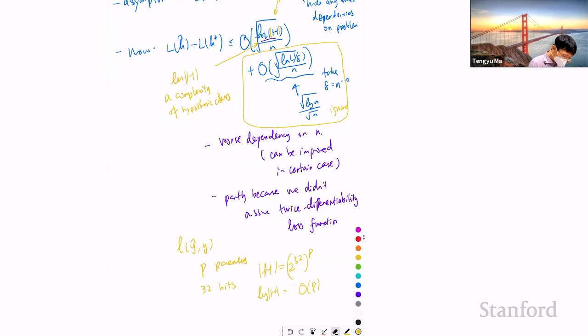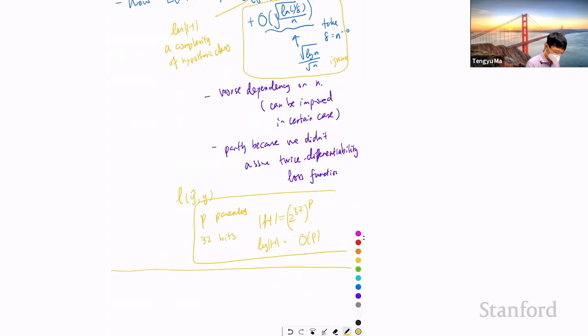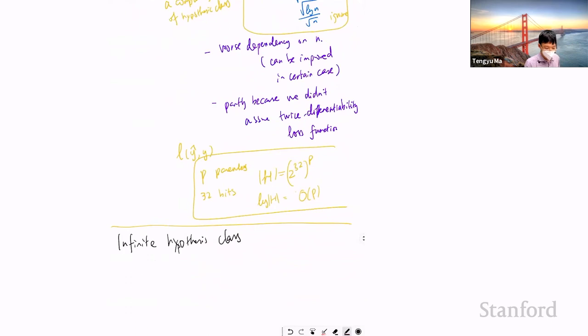Okay, cool. So maybe let's start to do that. Let's talk about infinite hypothesis classes. As I suggested a little bit before, we are going to have a bound that looks like square root of P over n, where P is the number of parameters.